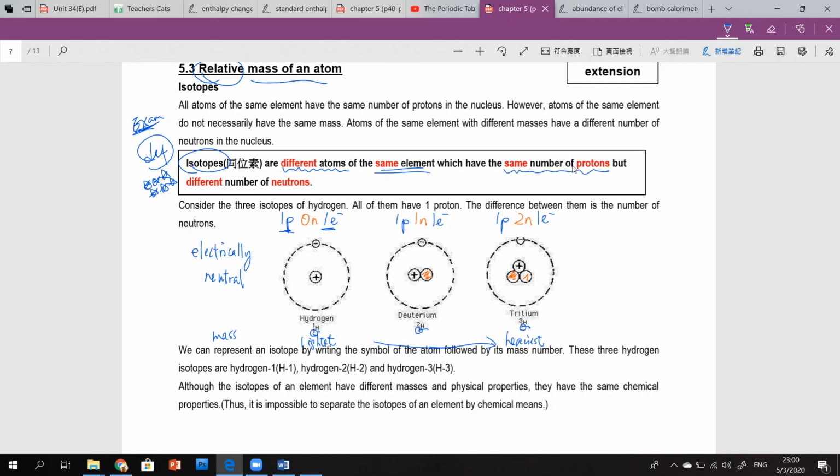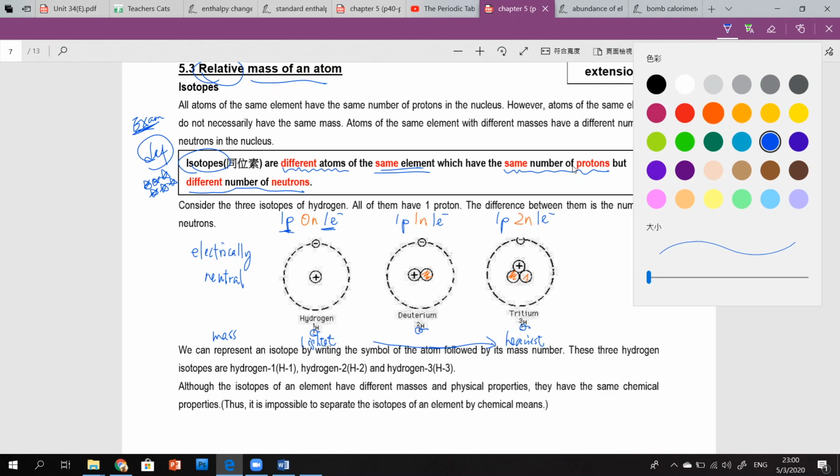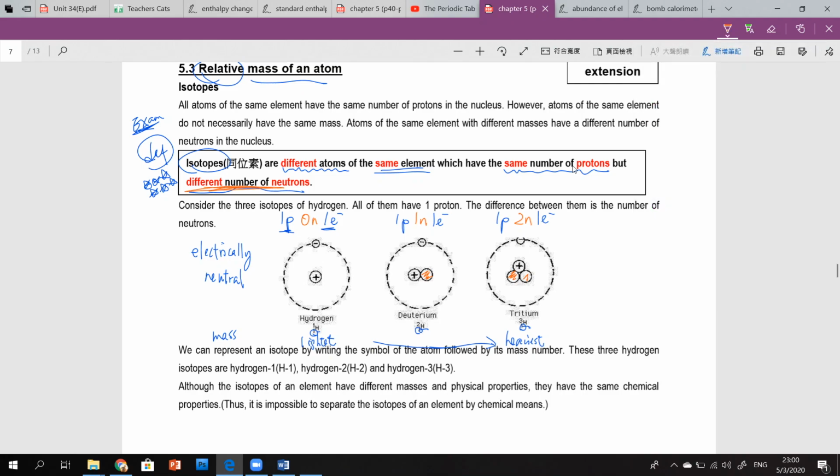We have one proton, one proton, one proton, different atoms, but different numbers of neutrons: 0 neutrons, 1 neutron, and 2 neutrons. Same number of protons, but different number of neutrons. This is what we say about isotopes.